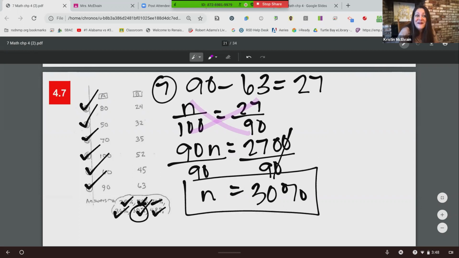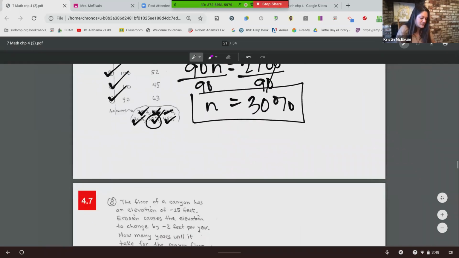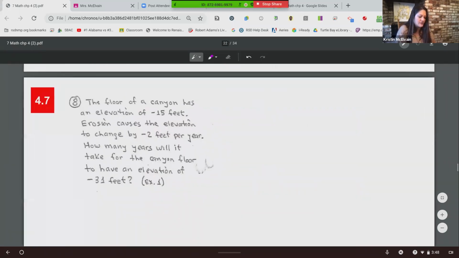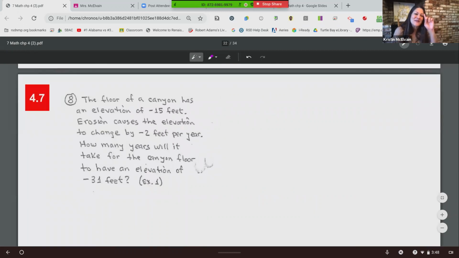All right. Hopefully those proportion problems are getting super easy for you and you can breeze through them. I believe we have one left. There it is. Whew, there's a lot of words in this one. But what I will say is this is just like the one in classwork where we're doing slope intercept form.